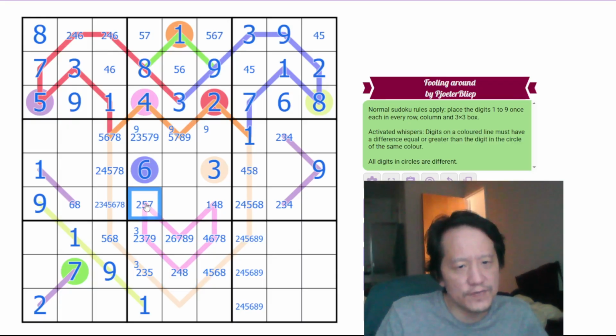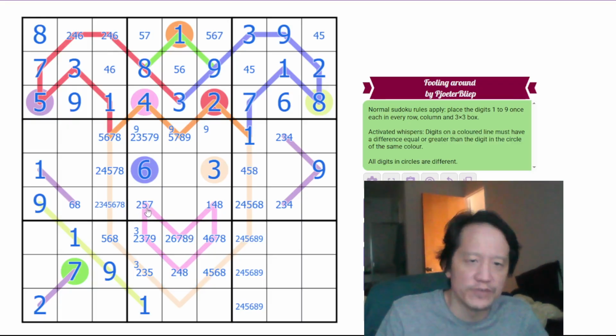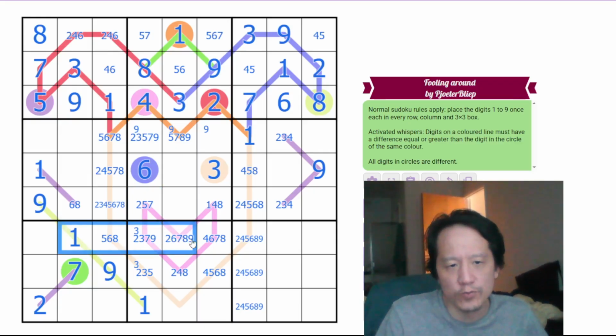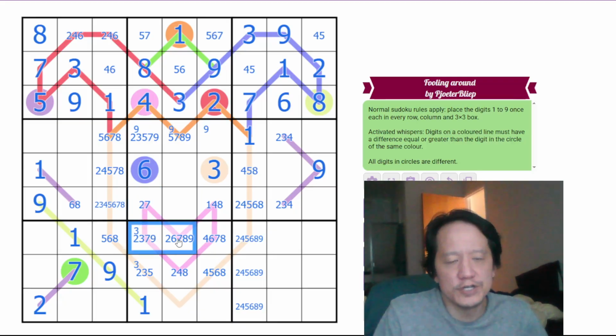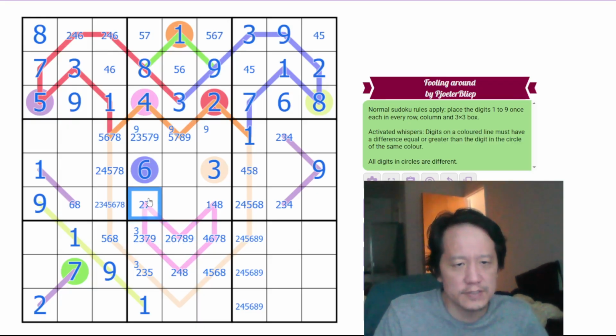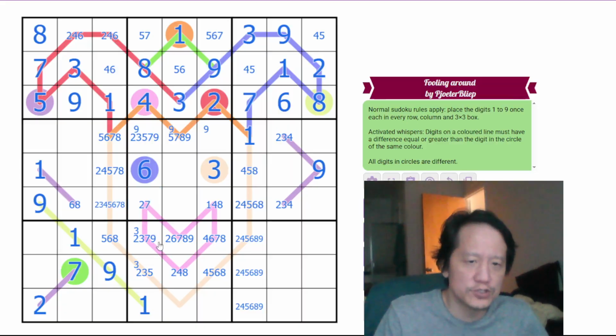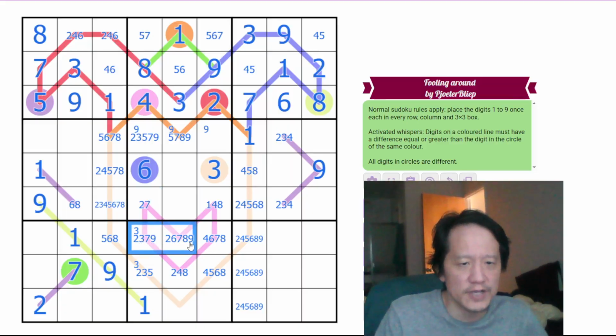If this is 5, though, this can't ever be 5. If this is 5, these would both be 9 because it can't be 1 for either of these cells. So this can't be 5, because it's 2 unique digits that it's next to, and one of them can't be 1. So if this is 2, obviously it could be 6, 7, 8, 9, and there's quite a bit of possibilities here.